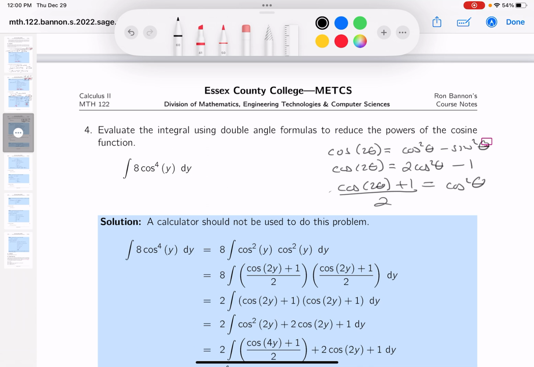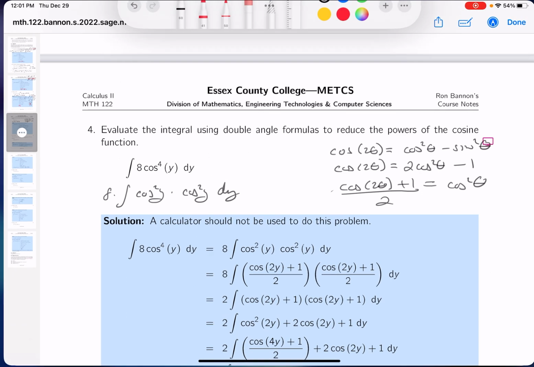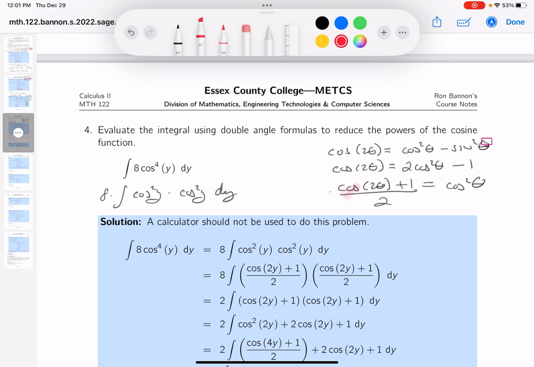So let me write that down for you then. I'm going to write this as 8, and I got the cosine to the 4th power, so I'm going to write it as cosine squared y times cosine squared y dy. All right? And I'm going to use this identity to rewrite that.